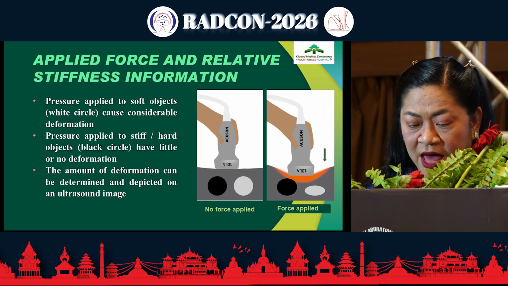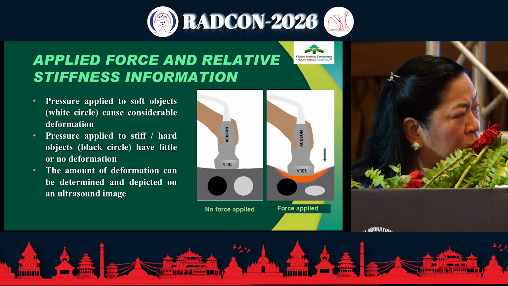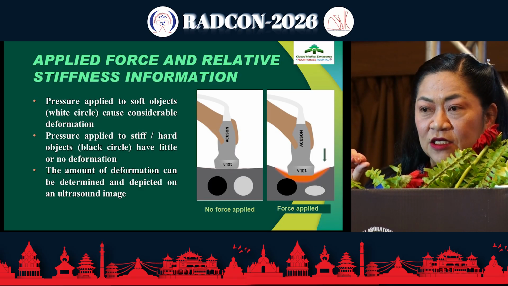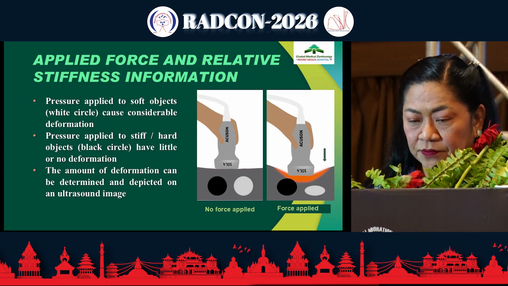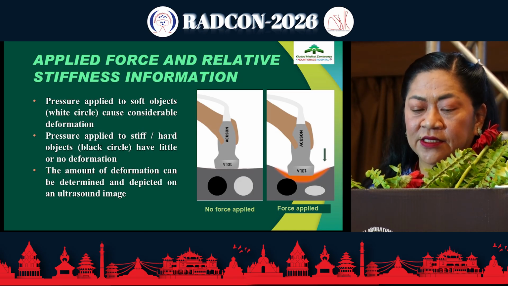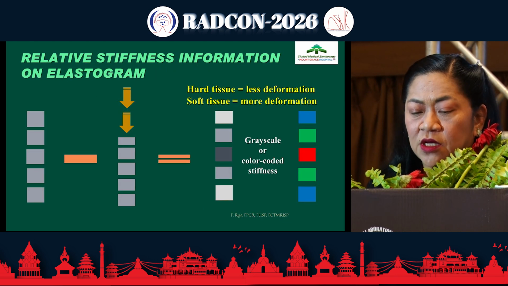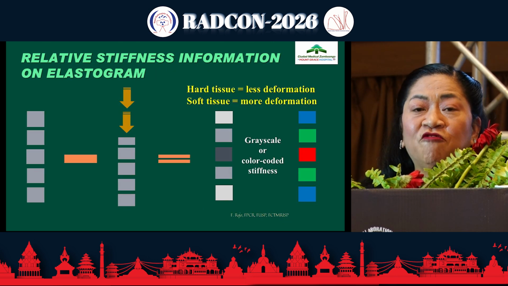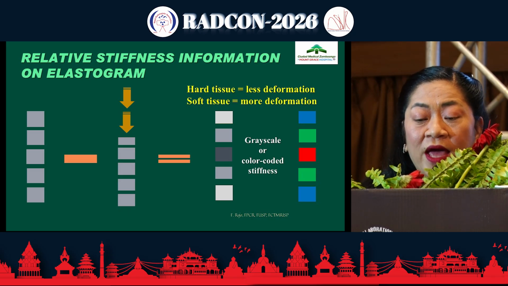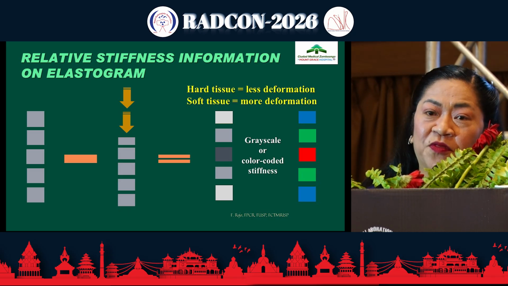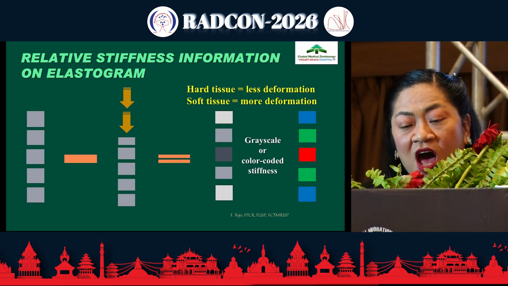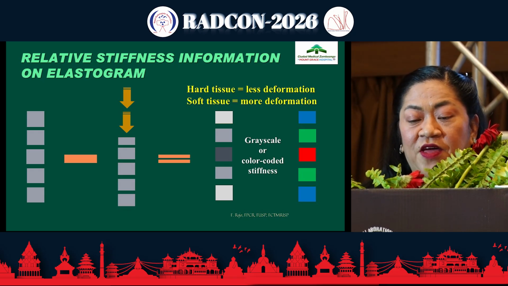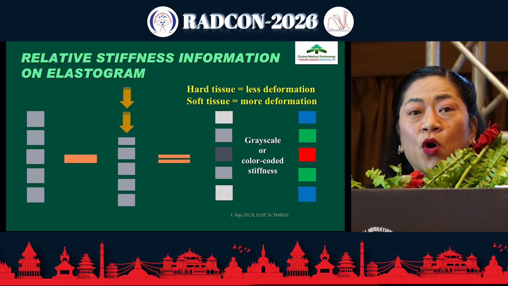So you can see that it will be more flat compared to the black one. In the same way, hard tissues have less deformation, while soft tissues have more deformation. When we say hard, we're thinking of something malignant. When we say soft, we're thinking of something more benign.